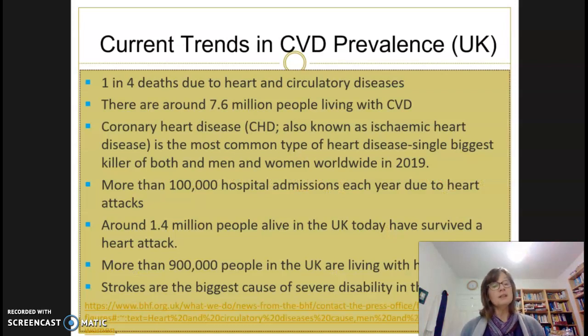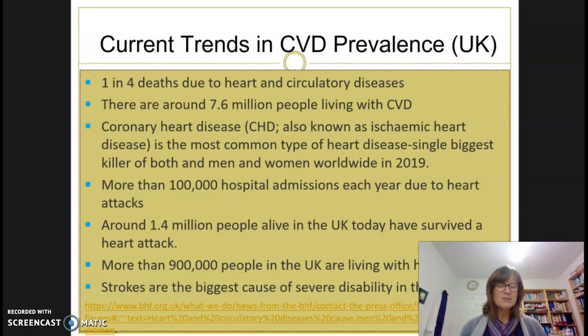If we're looking specifically at the UK, 1 in 4 deaths are due to heart and circulatory diseases, and about 7.6 million people are living with cardiovascular disease of some description. Coronary heart disease, so those arteries that I mentioned, is the most common one, and the single biggest killer of both men and women worldwide.